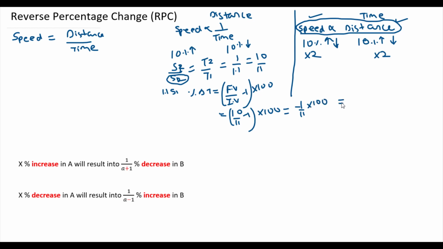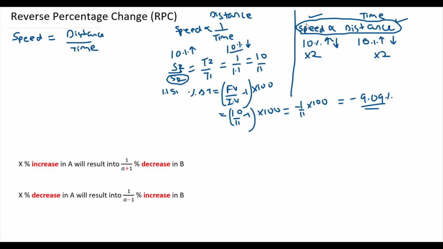From the table of percentage equivalents of ratios, we know the value of 100 by 11, or 1 by 11, is 9.09% with a minus sign. The minus sign indicates that the time is reducing. By how much percent is it reducing? It is reducing by 9.09% and not by 10%, as was the case in direct proportionality.